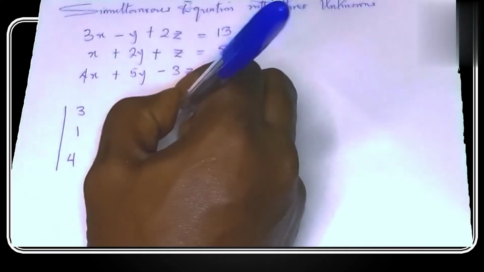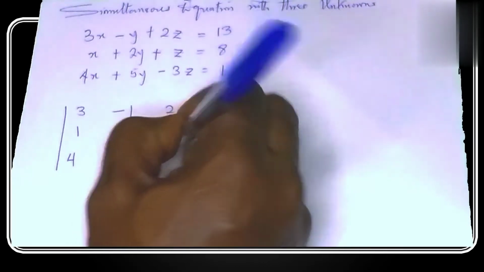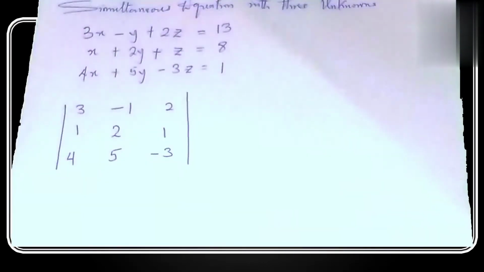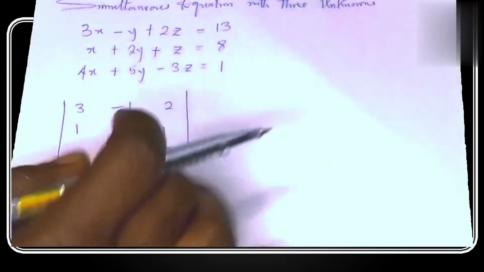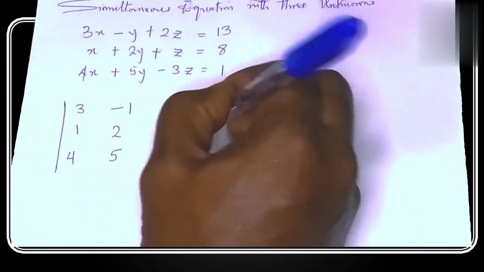Now for the z column, we have 2, 1, and -3 as the coefficients of these variables. We have extracted them into a matrix set.